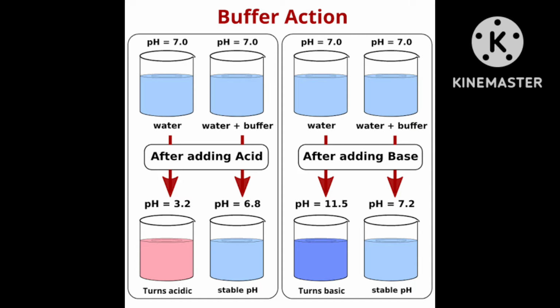If you put solid ammonium chloride in water, then again the same thing happens, because in water there are H+ and OH- ions, so NH4+ plus OH- forms NH4OH, and H+ plus Cl- forms HCl. NH4OH is a weak base, so it will be very less ionized, and HCl is a strong acid, hence the entire solution will be acidic and its pH will be less than 7.